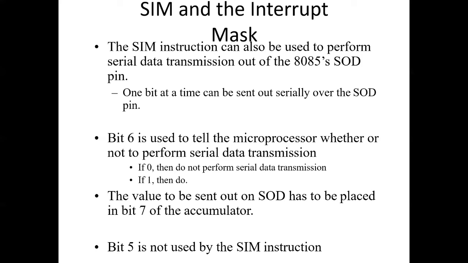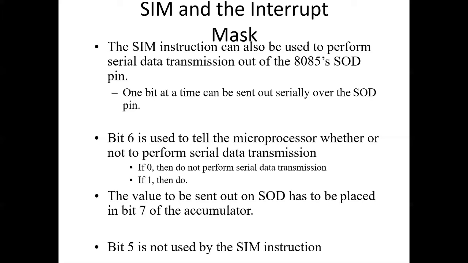Then the MS bit provides the data to be sent out on the SOD pin of 8085. Bit 7 is the serial output bit or SOD bit. This bit is meaningful only if the SOE bit is equal to 1. If SOE is equal to 1 and the SIM instruction is executed, then the SOD bit comes out on the SOD pin of 8085.